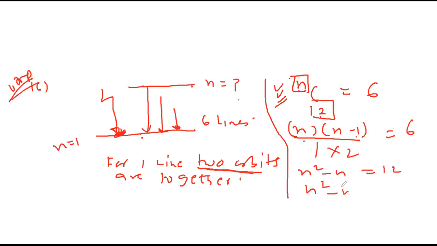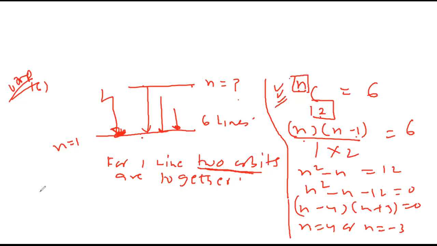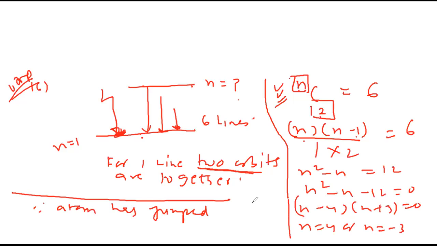So n square minus n minus 12 is 0. n minus 4, n plus 3 is 0. So n is 4 or n equals minus 3. Orbit cannot be negative. That means the atom has jumped to the fourth orbit after taking that energy.